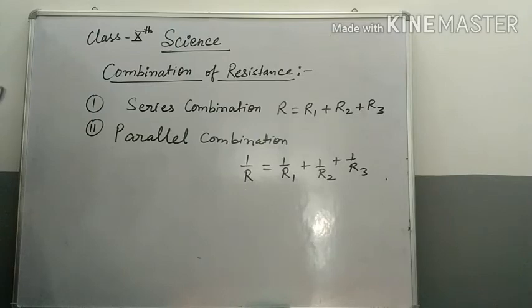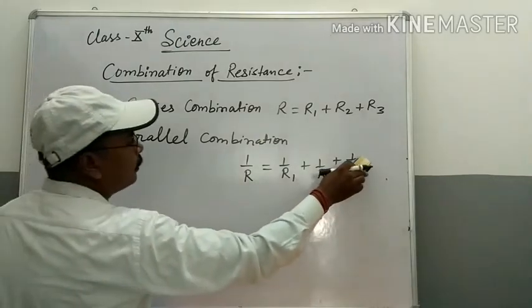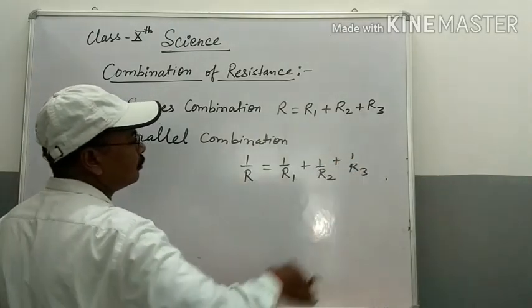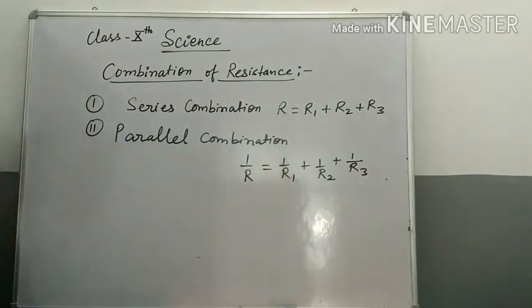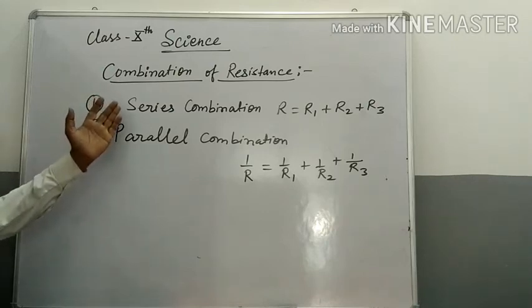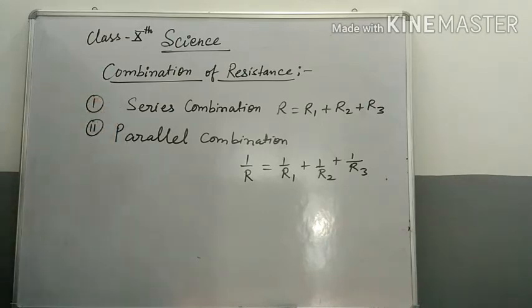We will prove these formulas in the next class, but we have studied, students, that when less current is required, the total resistance is greater, and for this the resistances are connected in series.